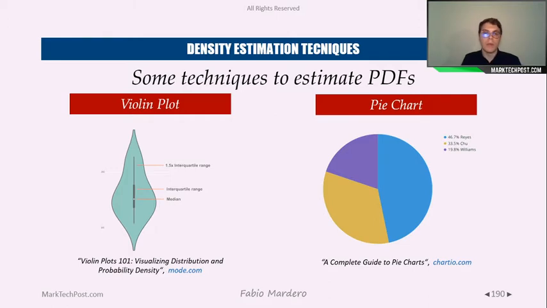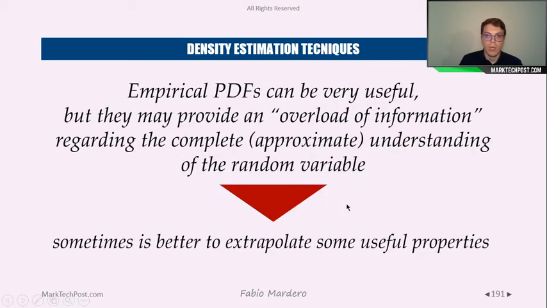So other than the approximated distribution, we get other numerical properties. Finally, another way we can estimate the probability distribution of a categorical variable is simply the pie chart. But empirical PDFs, while very useful, may provide an overload of information regarding the complete understanding of the random variables.